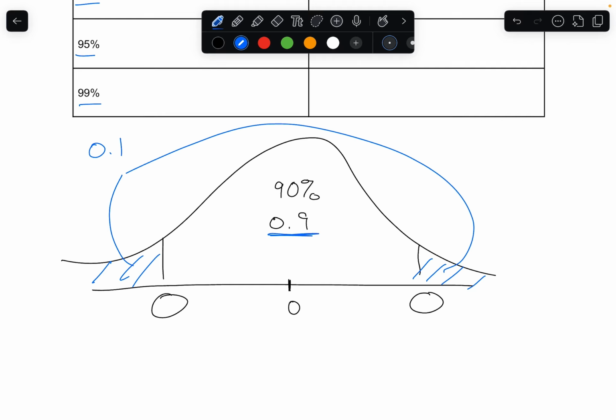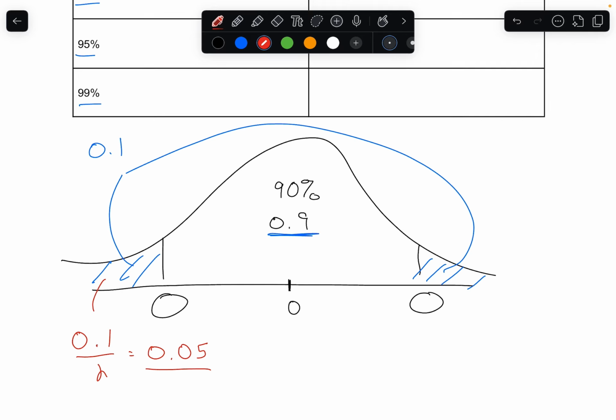And because I know that the normal distribution is symmetric, I know that the area in just one of these tails would be 0.1 divided by 2, or 0.05. So I'm going to go searching for 0.05 in my z table.